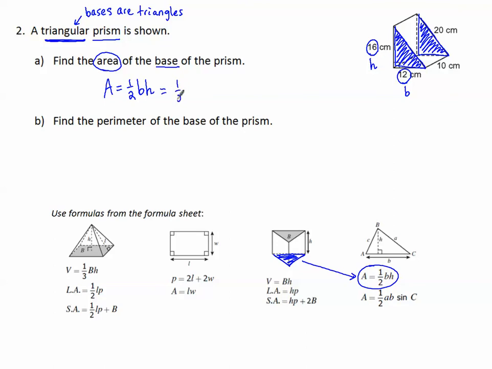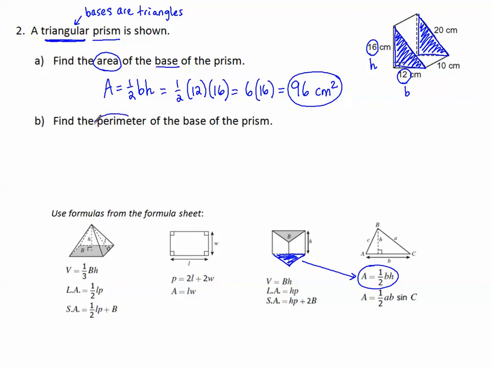So 1/2 times 12 times 16, or 6 times 16, since half of 12 is 6, which is 96. This is area, and I'm using centimeters, and area is square units. So 96 centimeters squared, or say it square centimeters.